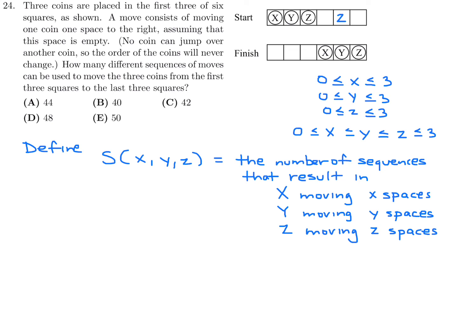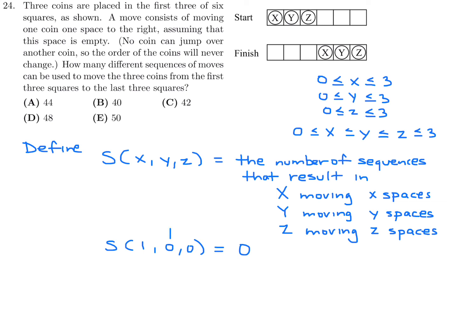So, for example, let's say I said to you, what is S of 1, 0, 0? Well, if you look at that one, that doesn't match that inequality. So this would be 0. You can't make any sequences with that. You can't have Z and Y not move and then have X move, right?